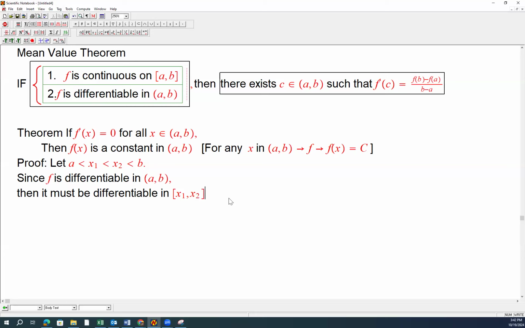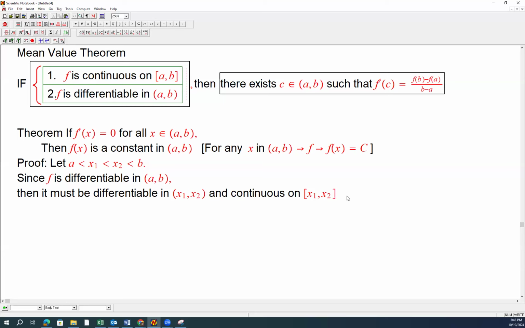And if it is differentiable, it's continuous. We just try to match the conditions in the mean value theorem, right? It's differentiable in this open interval and continuous on the closed interval, because of the two numbers we have chosen.